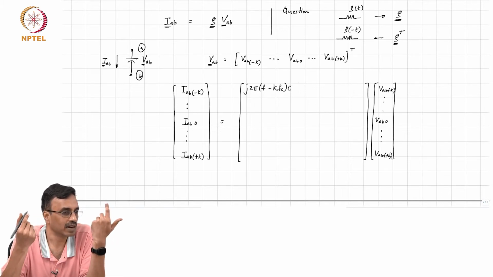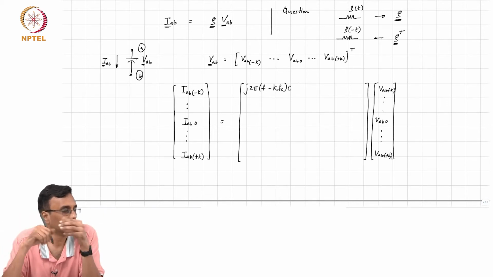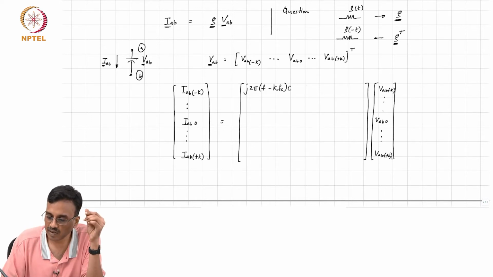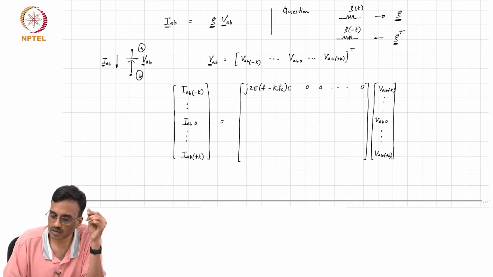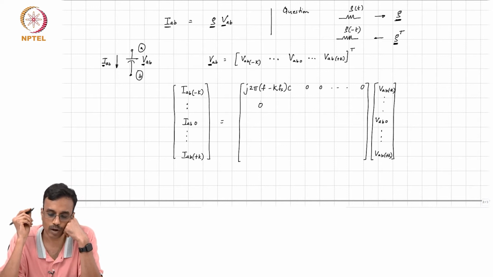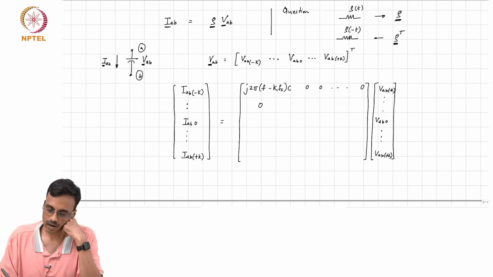What comment can you make about the second term in the first row? Well, it's a time invariant capacitor, and therefore the output frequency and the input frequency must be the same. So, all these other entries must be 0. Similarly, the first row in the second column will be 0, and what will you have there?